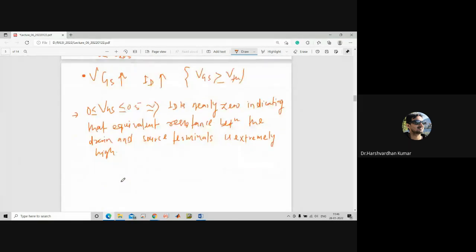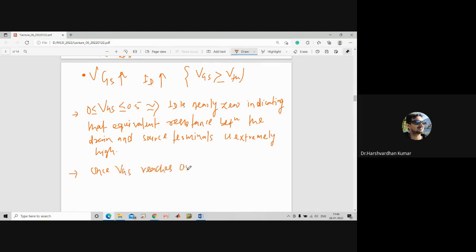But once the VGS reaches 0.5 volt, the current, that is ID, increases rapidly with VGS. So what does it indicate? You can tell me the statement now.